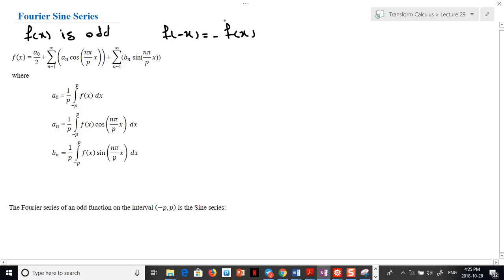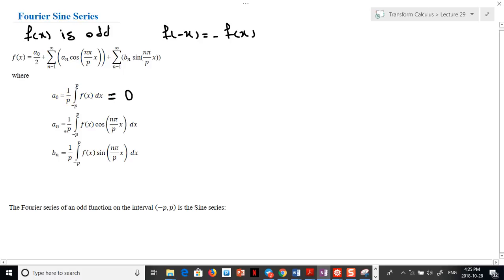If you want to find the Fourier series, we have the same definition: a0 divided by 2 plus the summation of an cosine(n pi over p x) plus the summation of bn sine(n pi over p x). We have to find a0, an, and bn. So if I want to find a0, we have 1 over p, the integral from minus p to p of f(x) dx. f(x) is an odd function. Based on properties of odd functions, the integral on a symmetrical range is equal to 0. As a result, a0 is equal to 0.